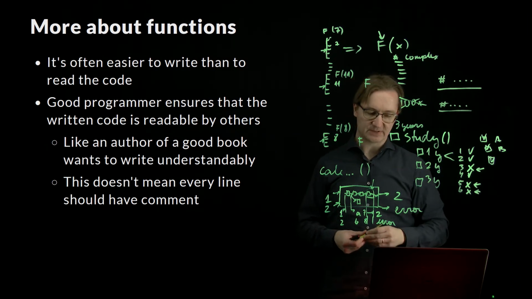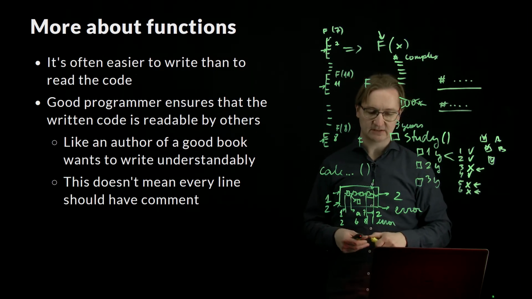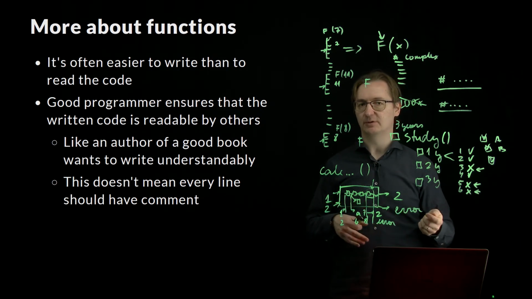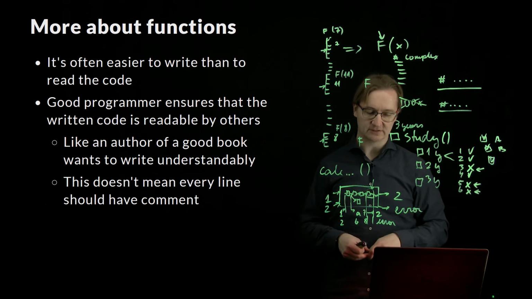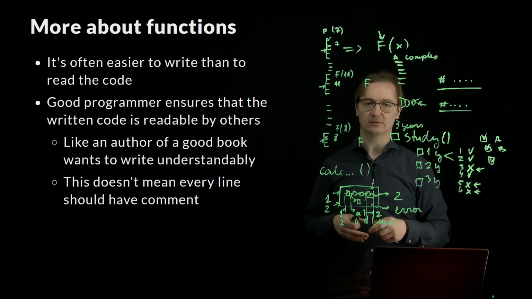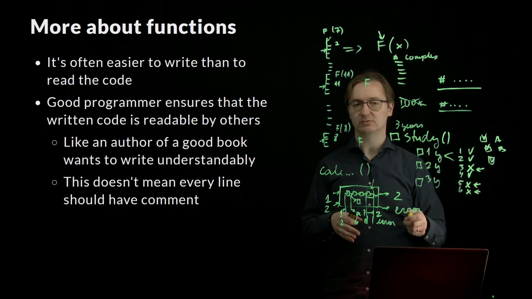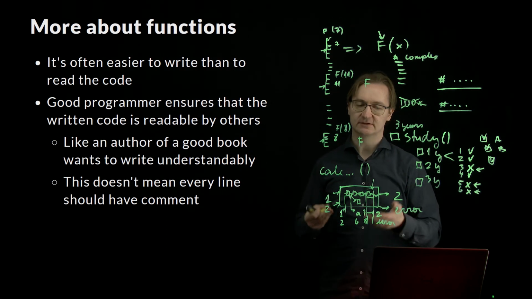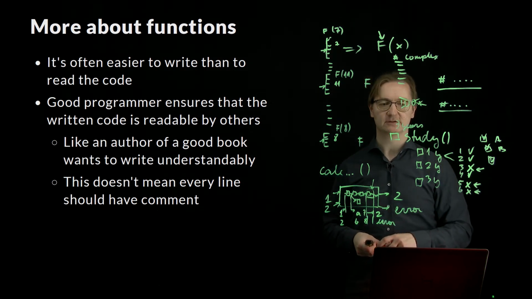There's a special term, clean code, which we don't cover in this course too much, but you probably get to know about it in later courses. The idea behind clean code is that you write your code so that you don't have to write comments at all. This is one of the points; there are actually quite many points about clean code.